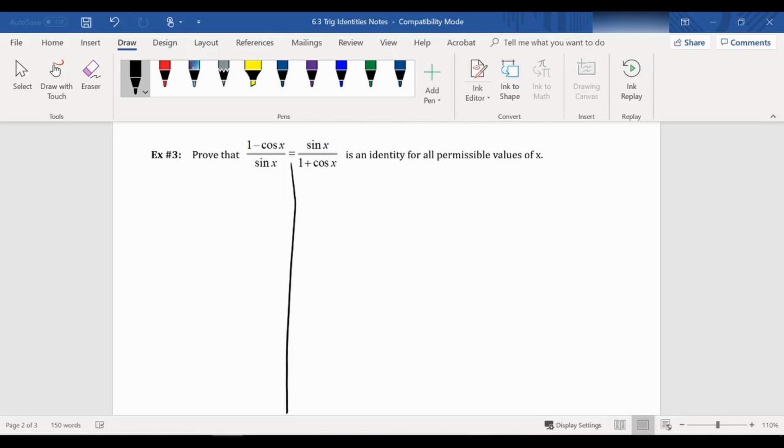So on the right-hand side, if I want to multiply by the conjugate, I'm doing the conjugate of the denominator here. And my conjugate of my denominator would be 1 minus cosine x. Now, because I'm working with technically an expression only and not an equation, I must multiply by something that equals 1. Okay?